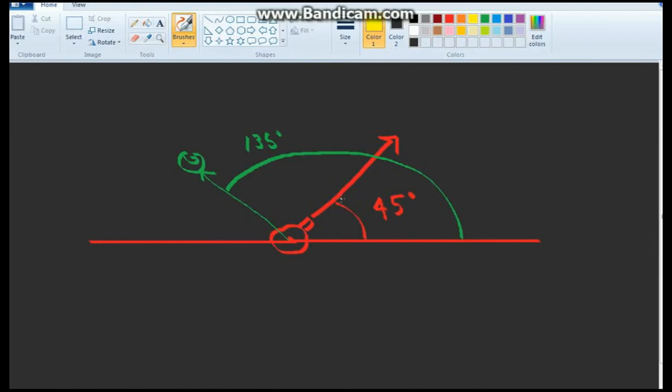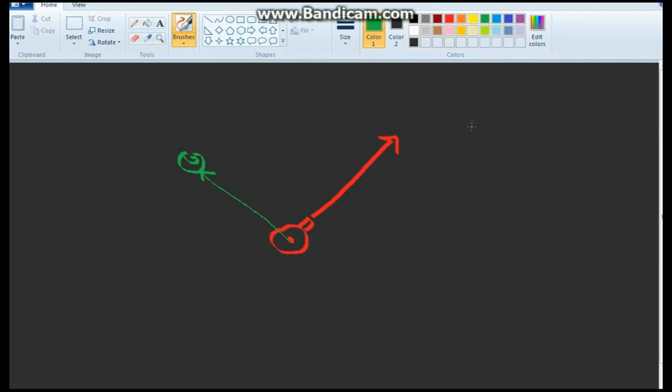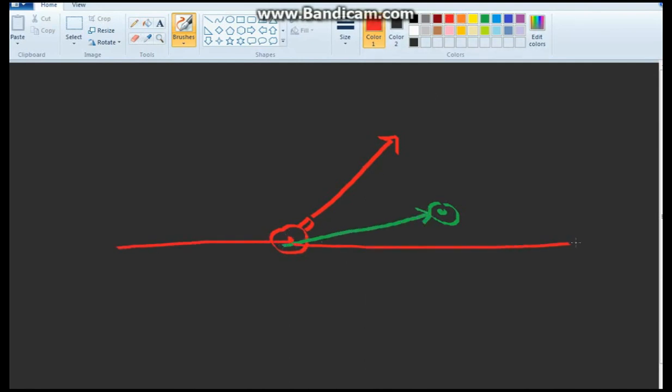If our target's direction is greater than our direction, rotate counterclockwise. However, if our target's direction happens to be here, which is less than our current facing direction, then we want to rotate clockwise, and that's exactly what we're going to do.